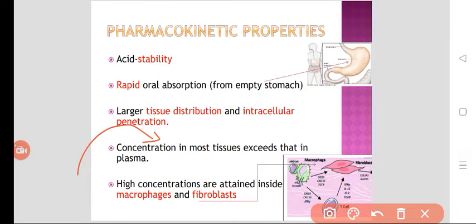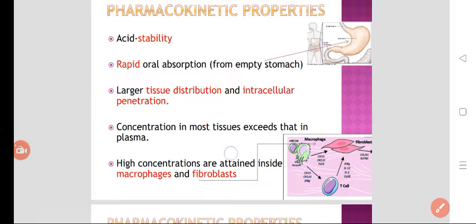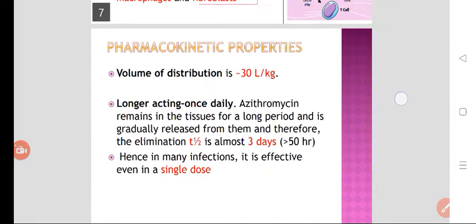High concentrations are attained inside macrophages and fibroblasts. So we can say that it has larger tissue distribution and intracellular penetration.